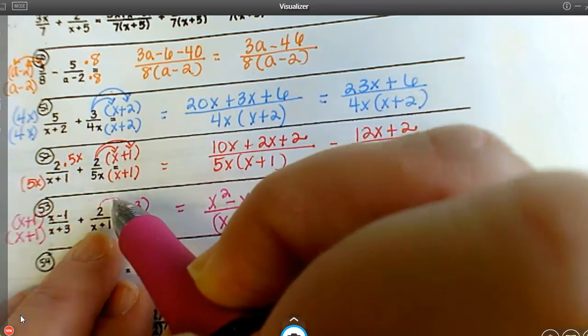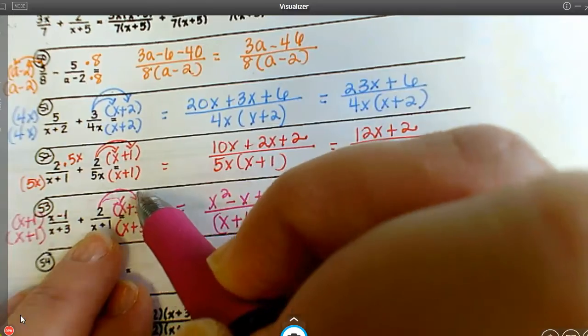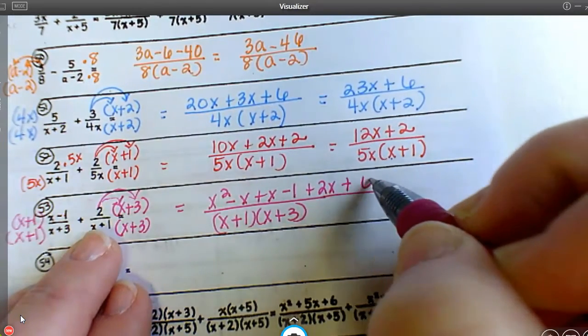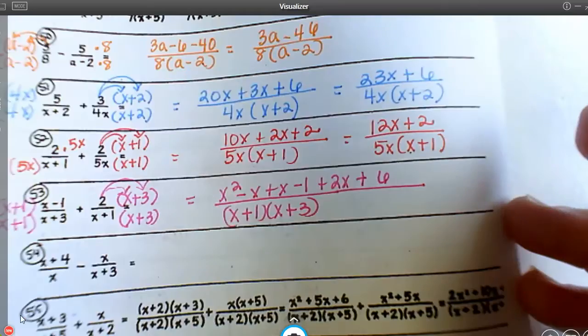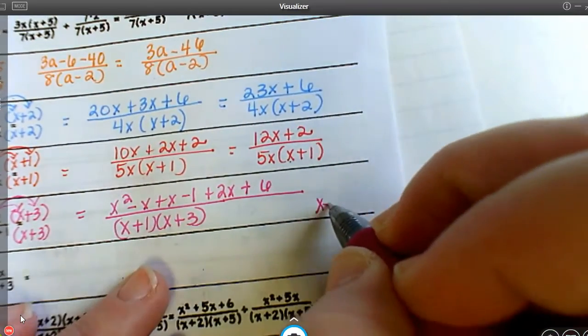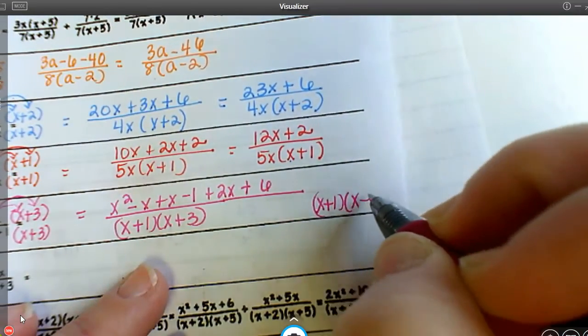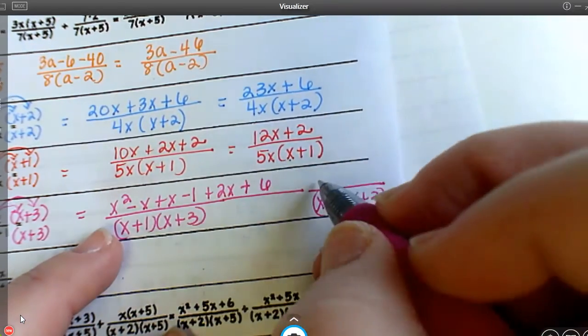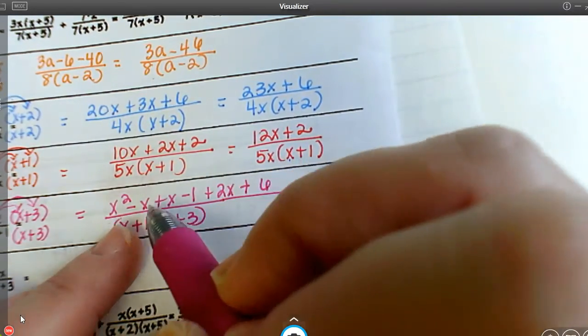And then on this one, the 2 will multiply by x, and the 2 will multiply by 3. So that would be 2x plus 6. And then you combine anything that can combine. So x squared is the only x squared that I see.